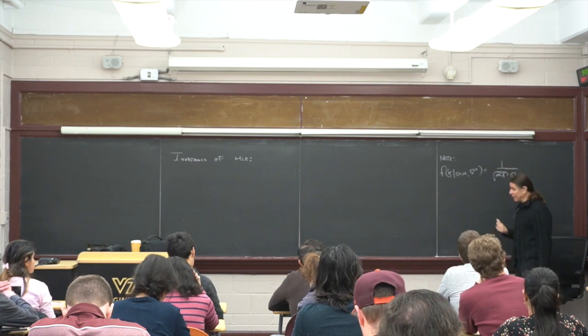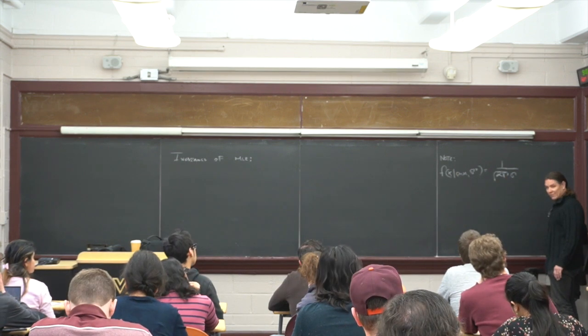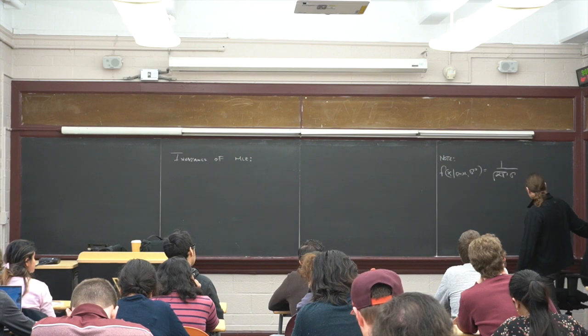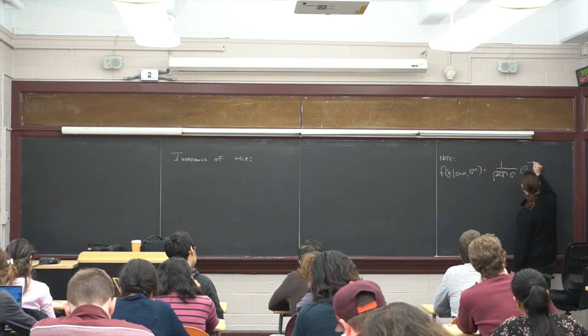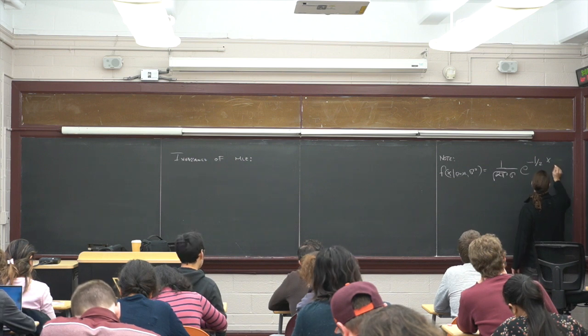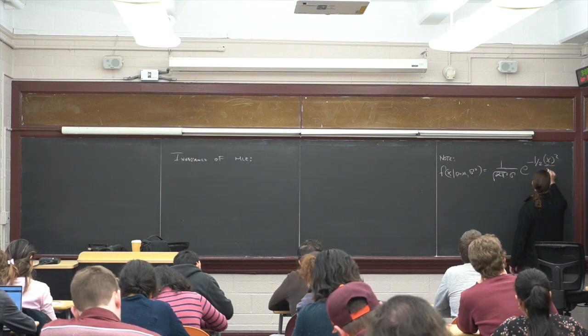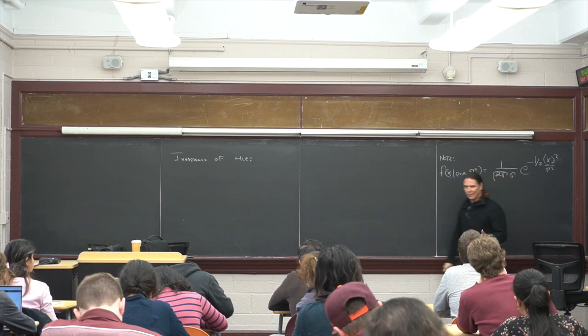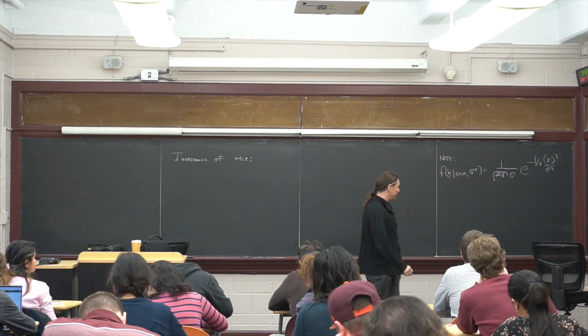I choose to write it with the sigma outside. I think that would be advantageous for describing what's going on. That's a 0, so that's just x squared over sigma squared. So that's my sampling distribution, that's a normal right there.